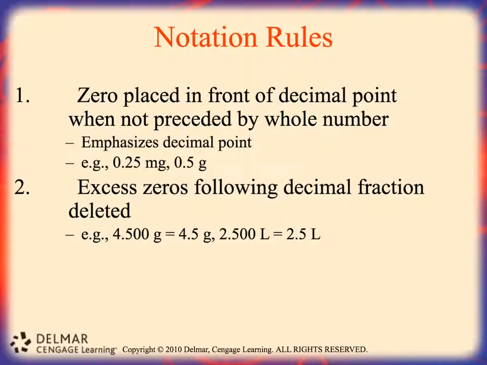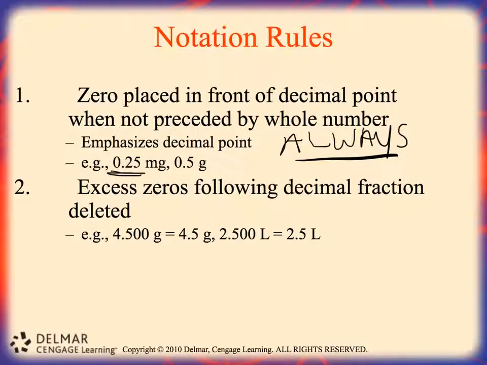Correct use of zeros is incredibly important. If you have a fractional number, such as 0.125, you always, and I emphasize that, place the 0 in front of the decimal point.